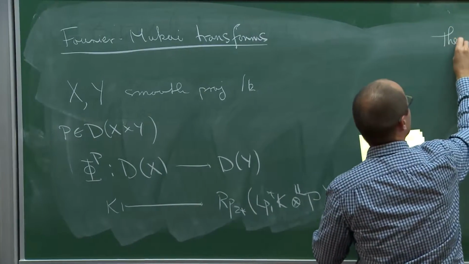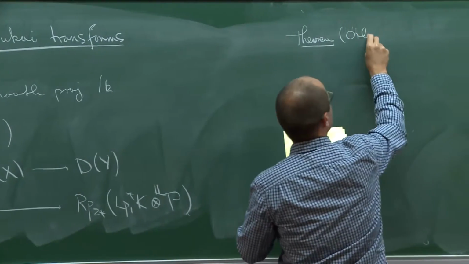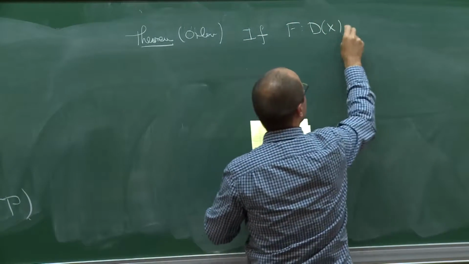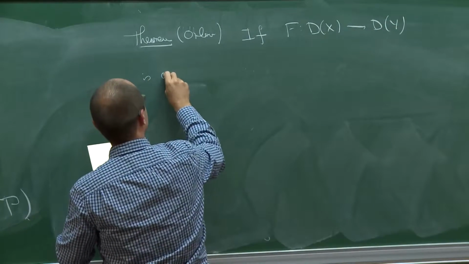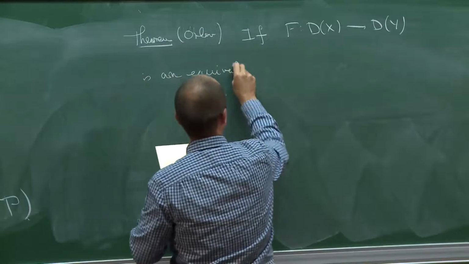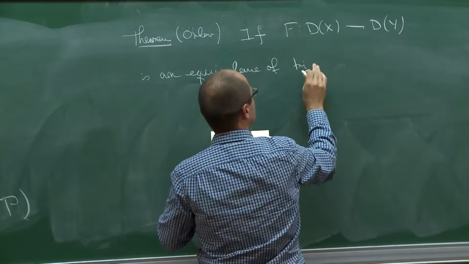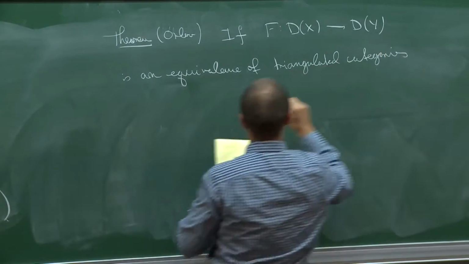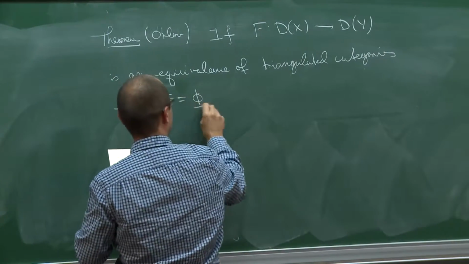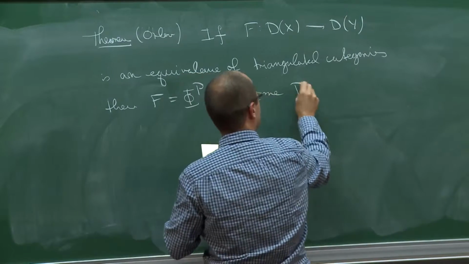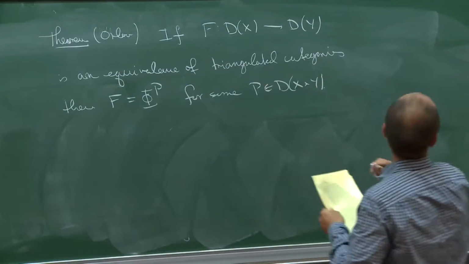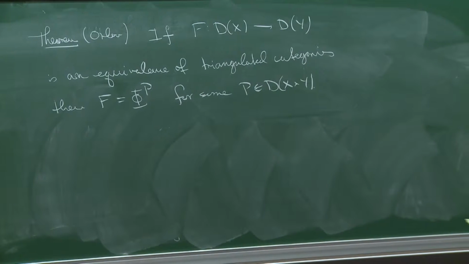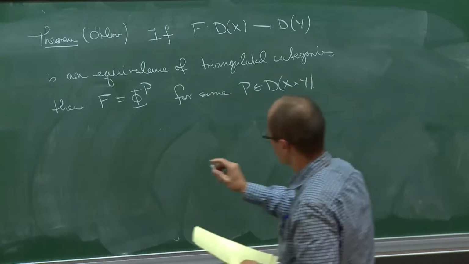And a theorem of Orlov, which is really the key thing to get things off the ground, is that if I have an equivalence of triangulated categories that is K-linear, then F is of this form, Phi P, for some P. So this gives you some geometry, and it also tells you the candidates, as came up in Francois' talk.